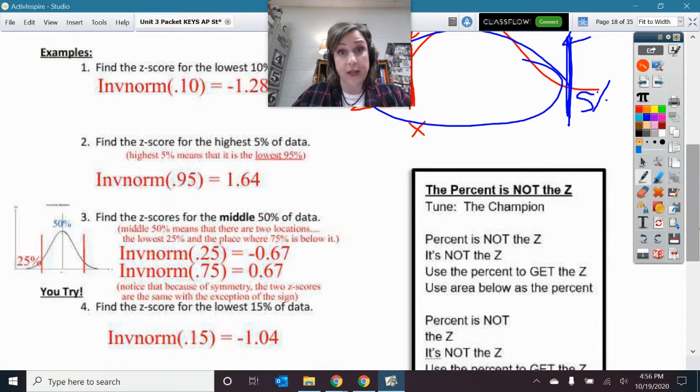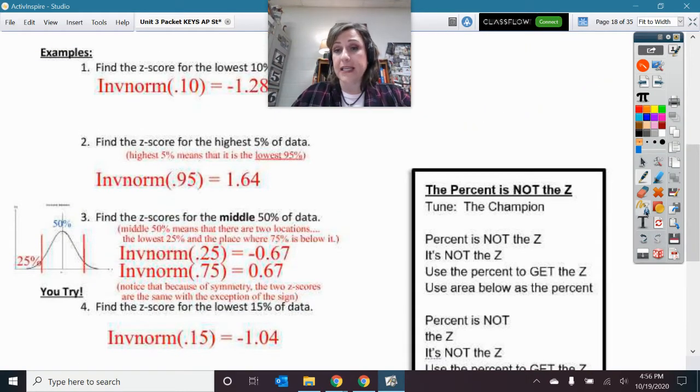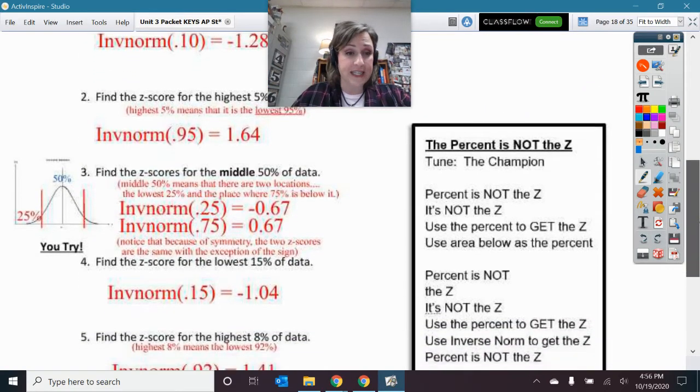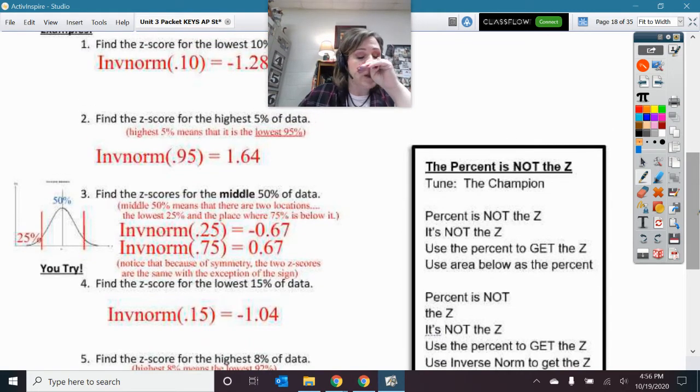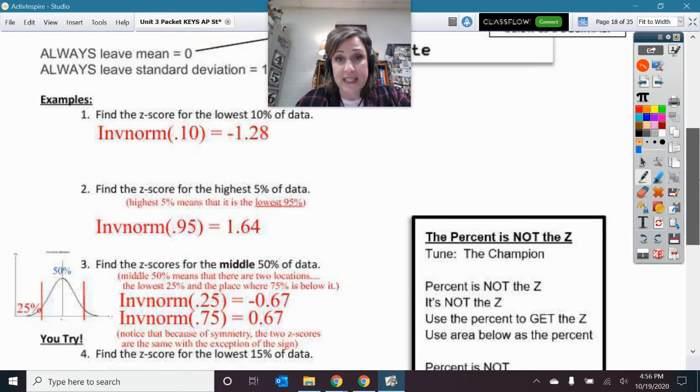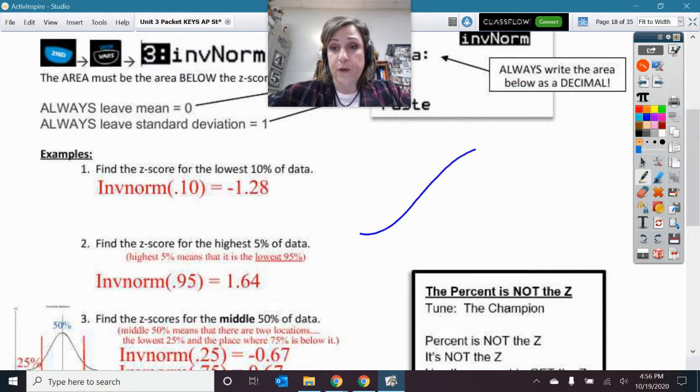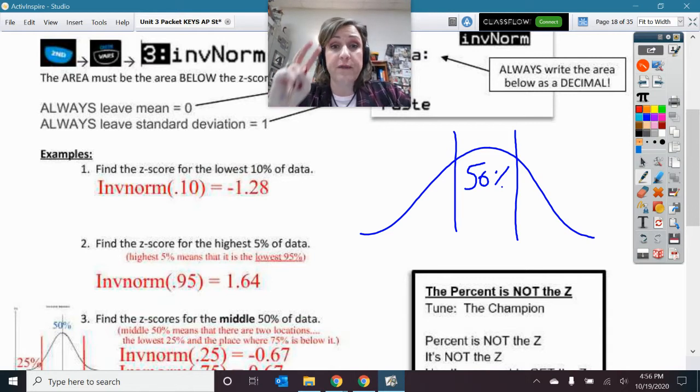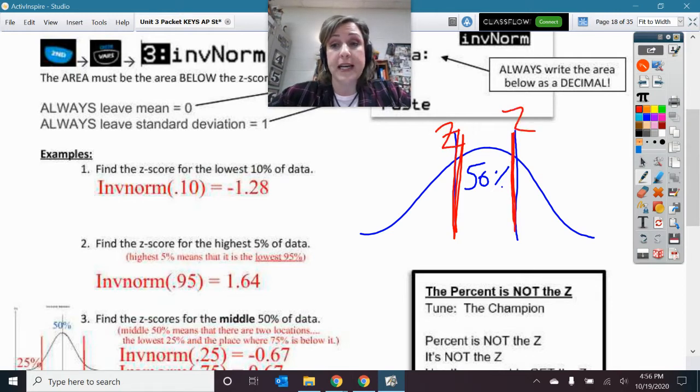All right, now look here. This one is about a middle section. Here we have the normal model, and it's asking for the middle 50% of data. So 50% is in here, which means we're going to give two answers: a z-score for the left side, and a z-score for the right side.